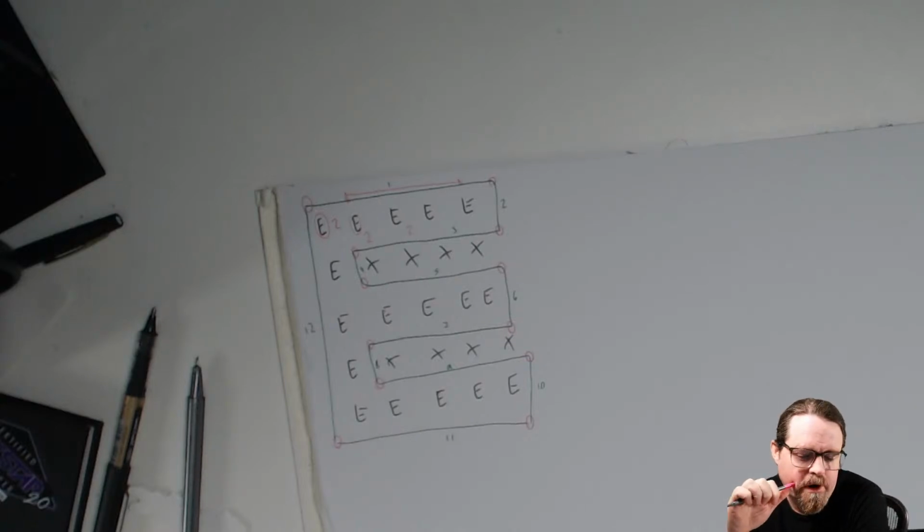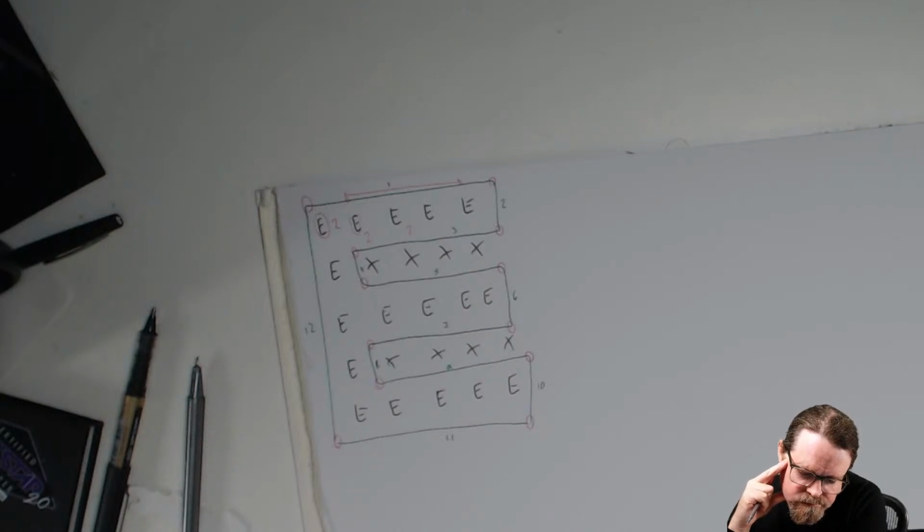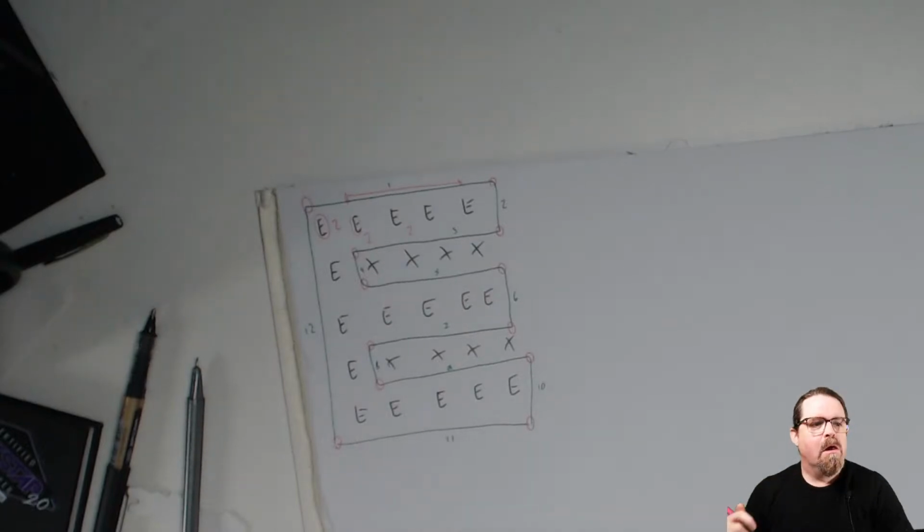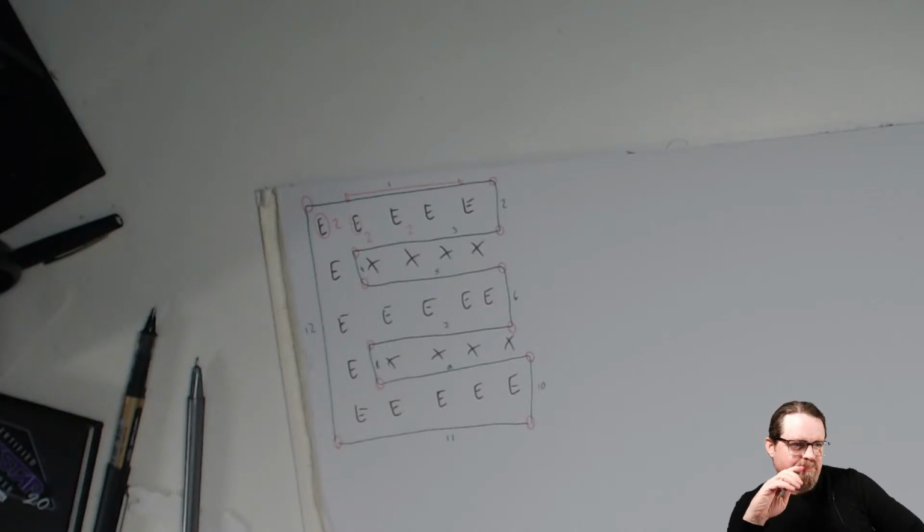So how do we find a corner? Corners will have 1 or 3 of the 4 cells in the region.